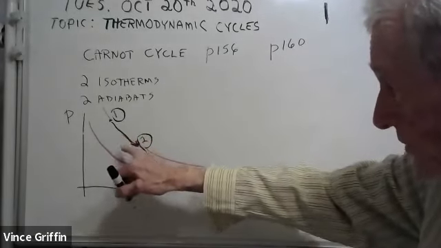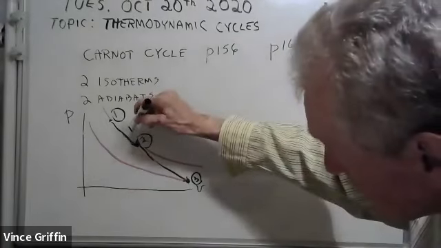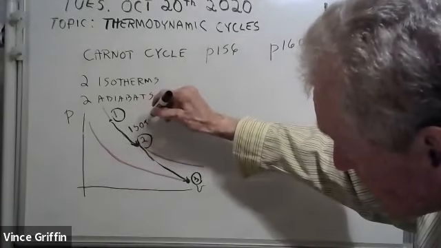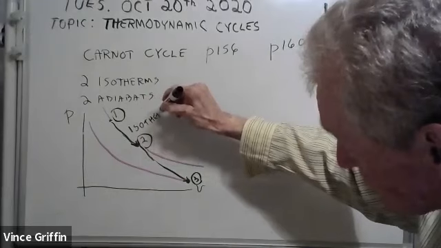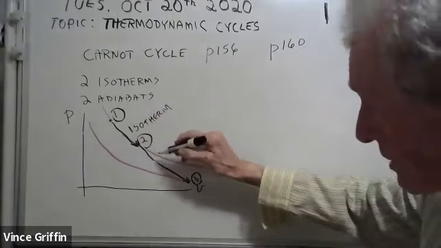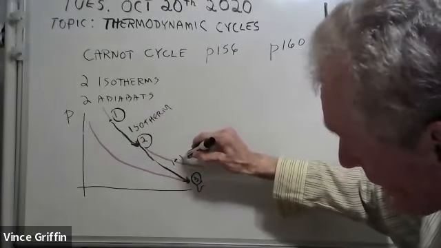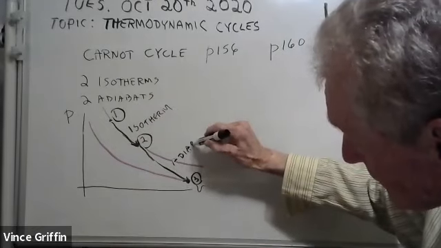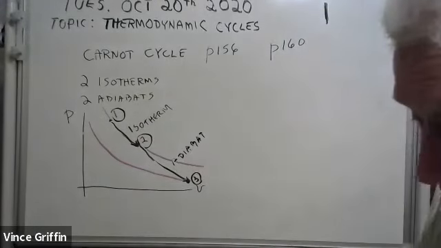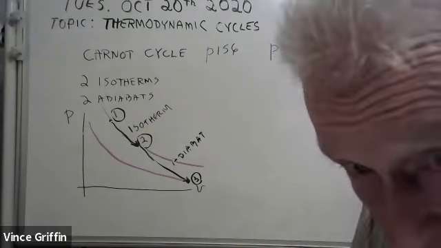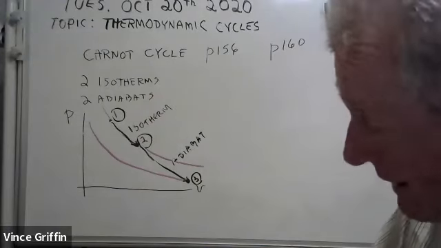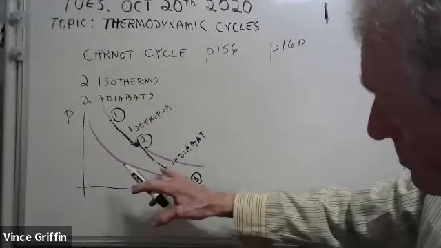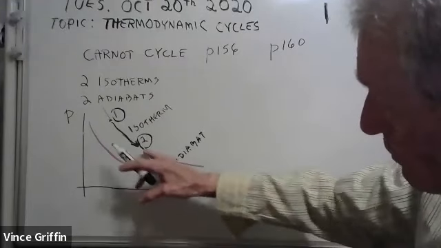Now that was an isotherm. That process followed the isotherm. But see, this one's the adiabat. And have I ever told you guys that adiabats are steeper than isotherms? Can you see that this adiabat is steeper?